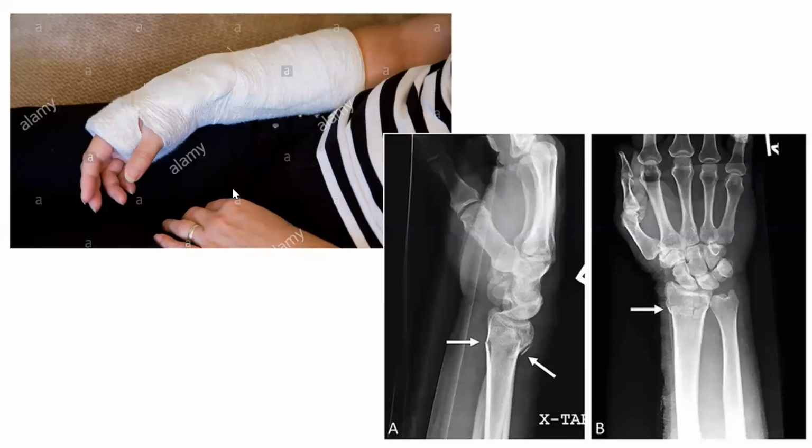X-ray B is an anteroposterior view of the wrist joint, including the distal ulna and the radius, and carpal bones and the metatarsal bones, including the proximal phalanges.